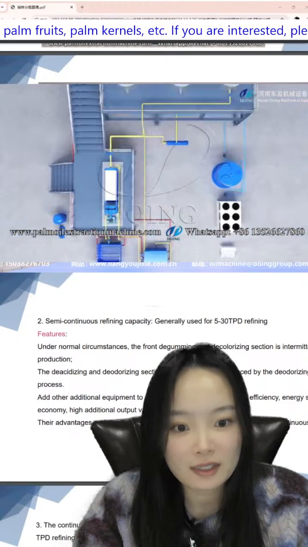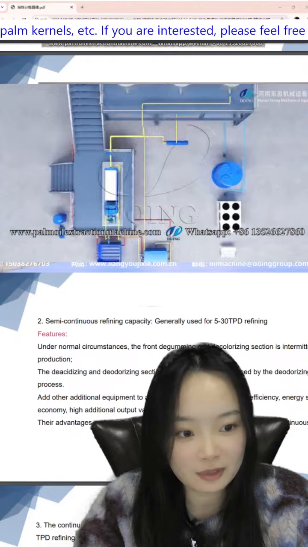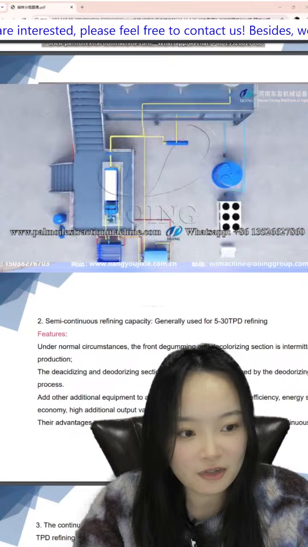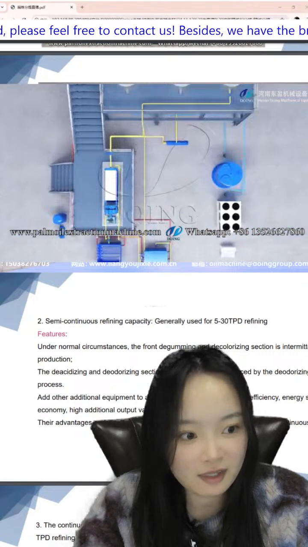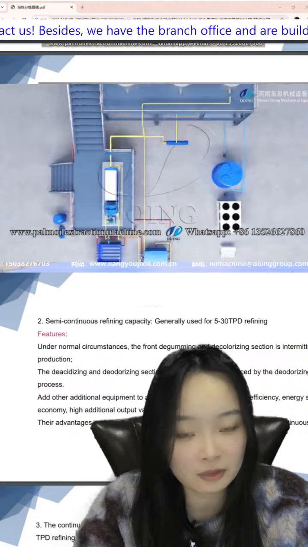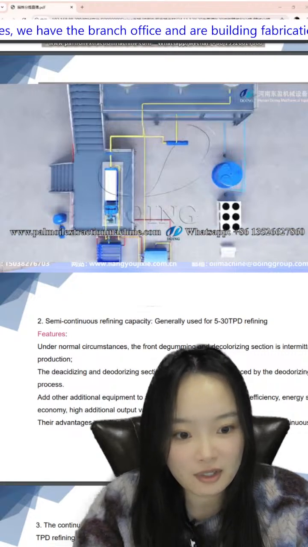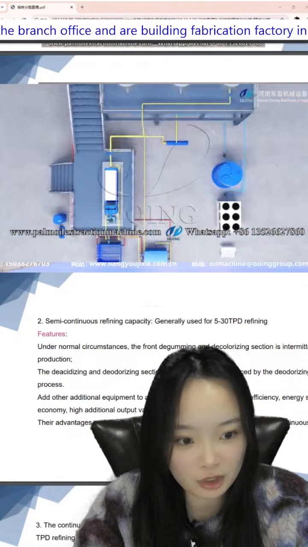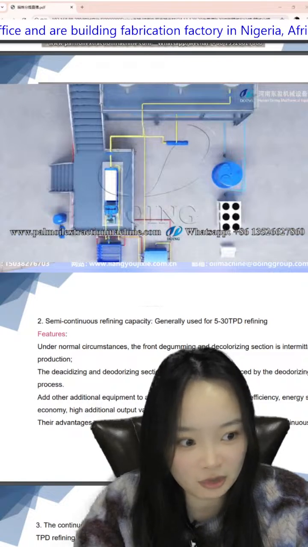With other additional equipment to achieve continuous refining, it has more advantages, such as high efficiency, good economy, and high additional output value. These are the advantages and disadvantages between intermittent refining and semi-continuous refining.